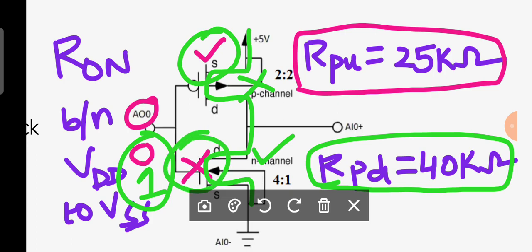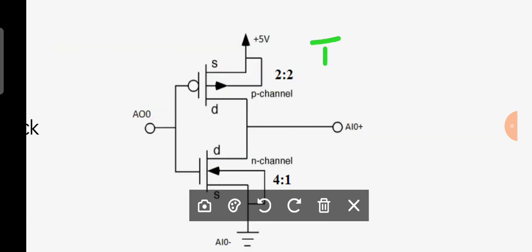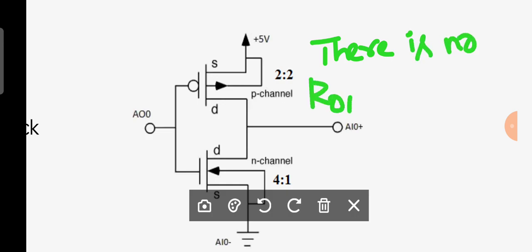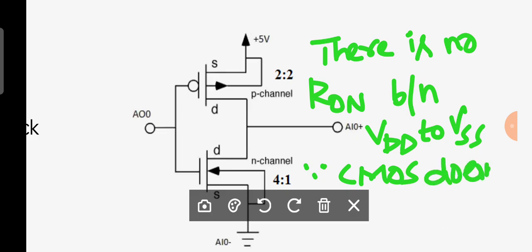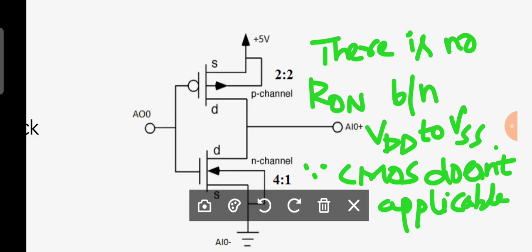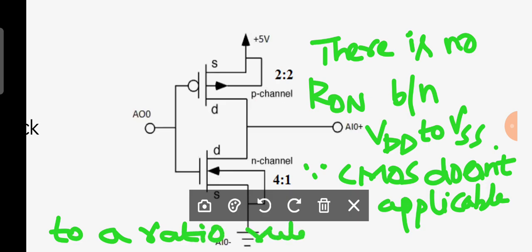Therefore, it is very clear for us there is no on resistance between VDD to VSS, since CMOS inverter, or you may write CMOS logic, doesn't apply to a ratio rule.